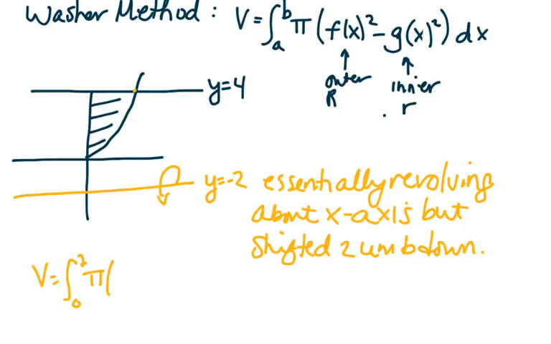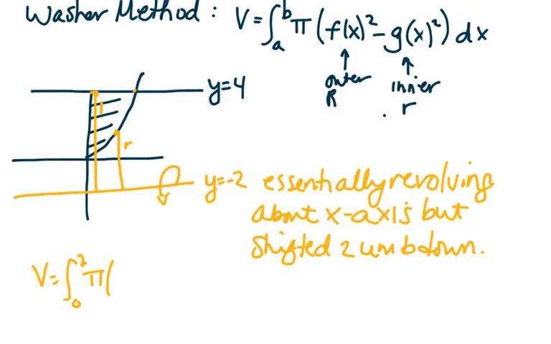If we're revolving about -2, the outer R is going to be the radius of this length, and the inner r is going to be the radius of that length.